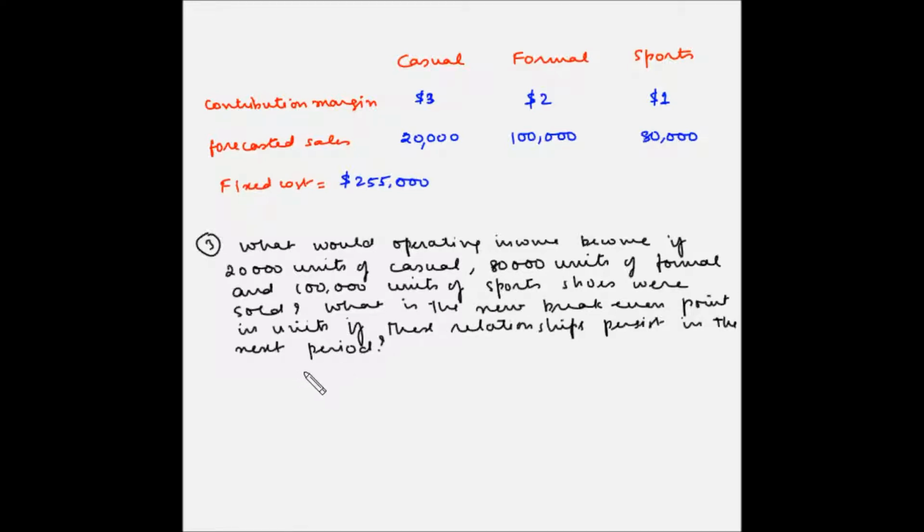Now we know from the previous part that operating income is nothing but the total contribution margin minus the fixed cost. So fixed cost is known to us. We need to find out the total contribution margin.